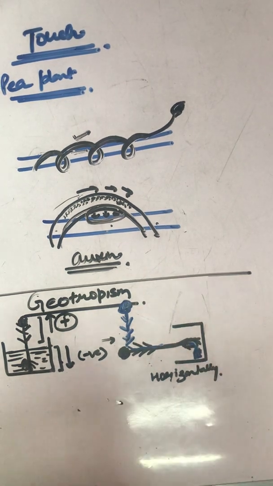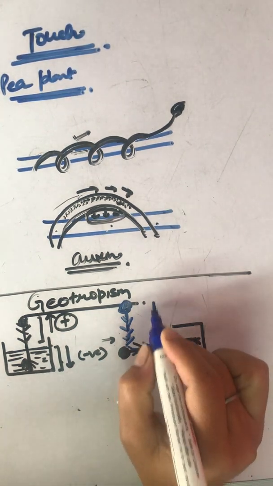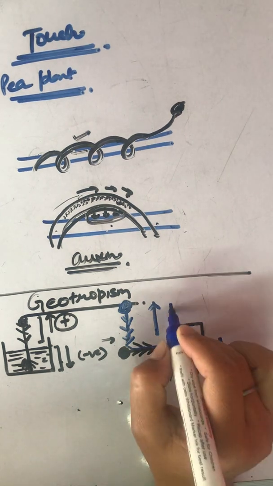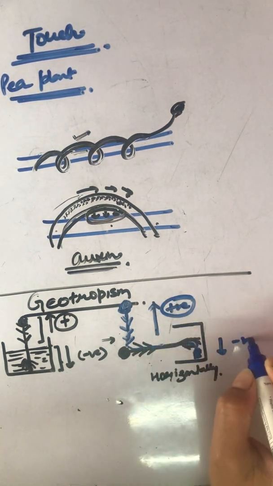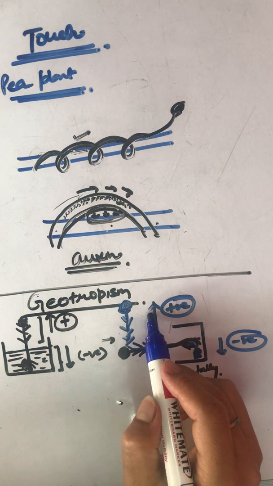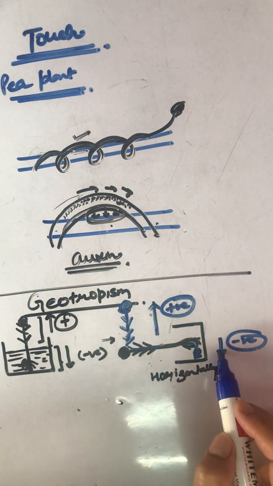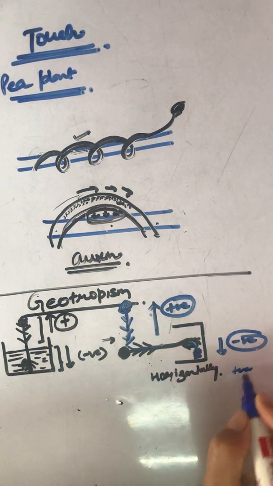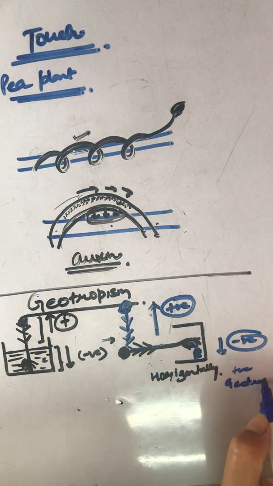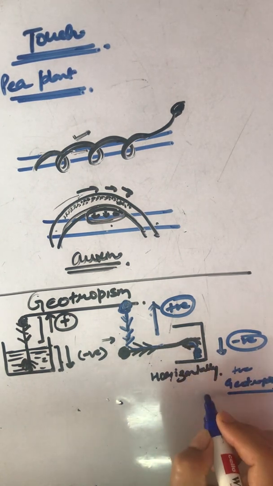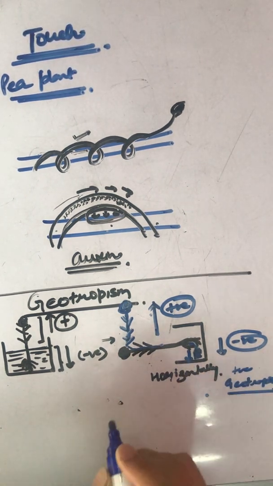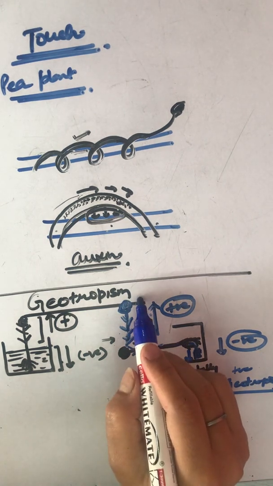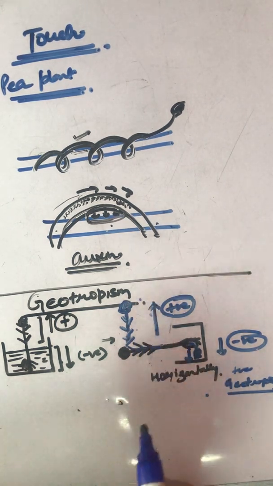Why? Because we know only two tropic movements, positive and negative. Positive phototropism, negative phototropism, or we can say positive geotropism. So roots are growing towards gravity here and the shoot is growing upwards towards light.